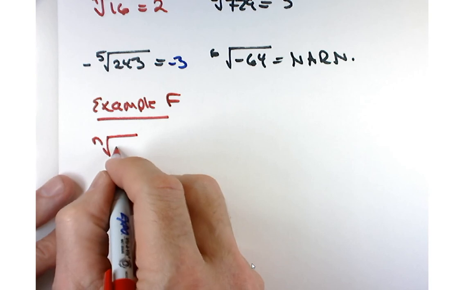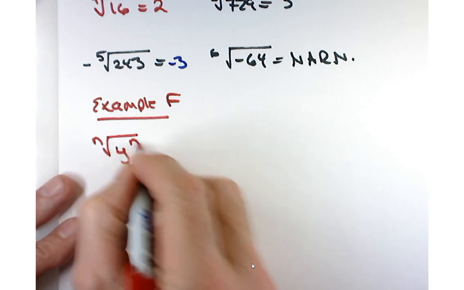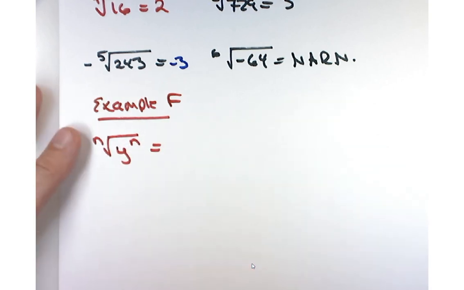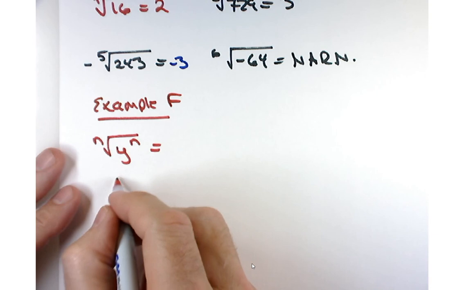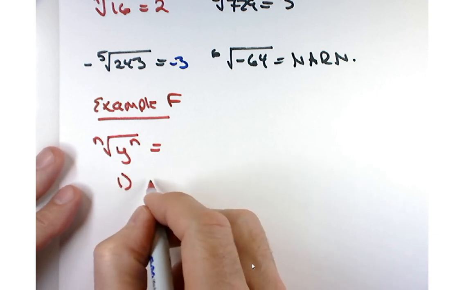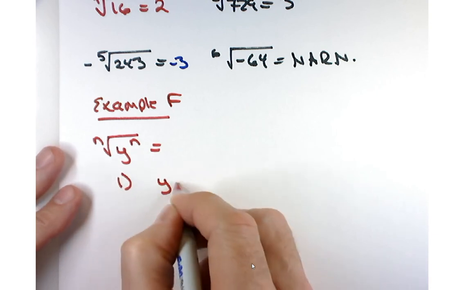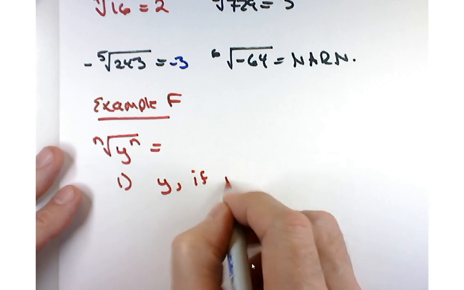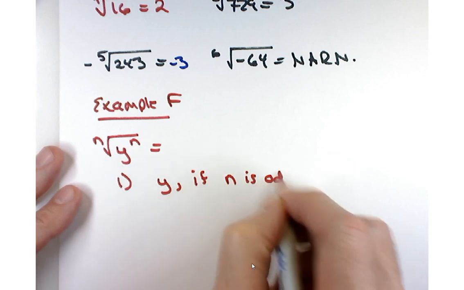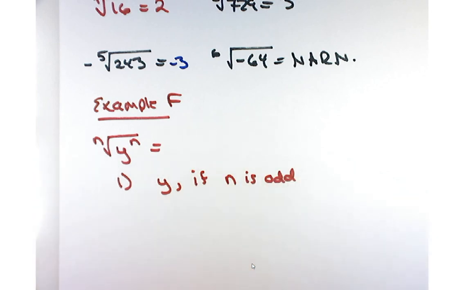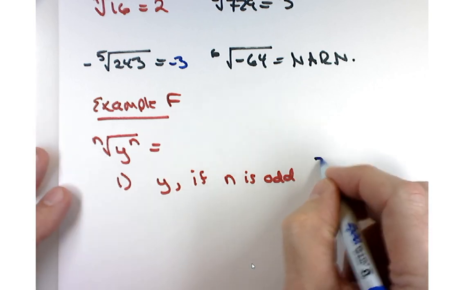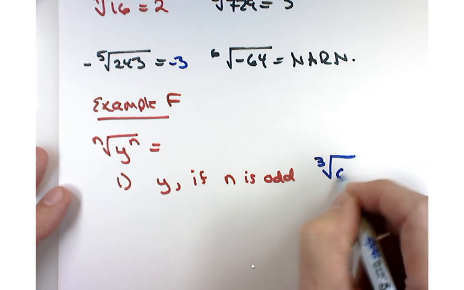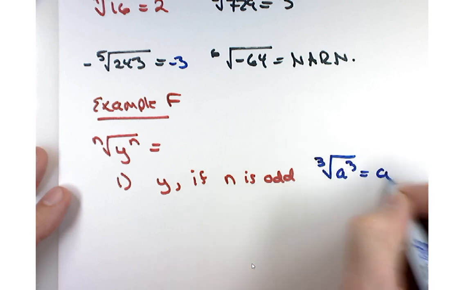A lot of times you're going to run into an expression something like this: the nth root of y to the n. And there's two possibilities. The first possibility is that it's going to equal y if n is odd. So for instance, the cube root of a cubed is just a.